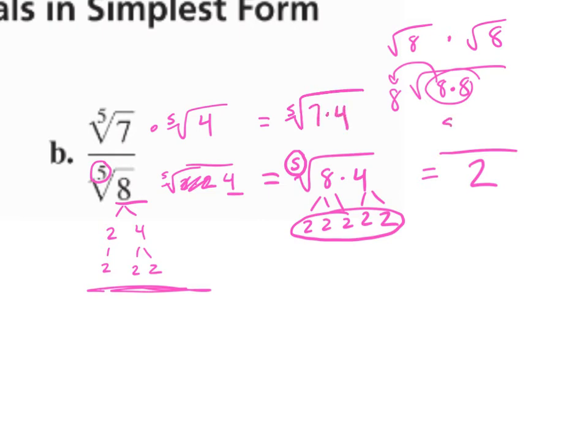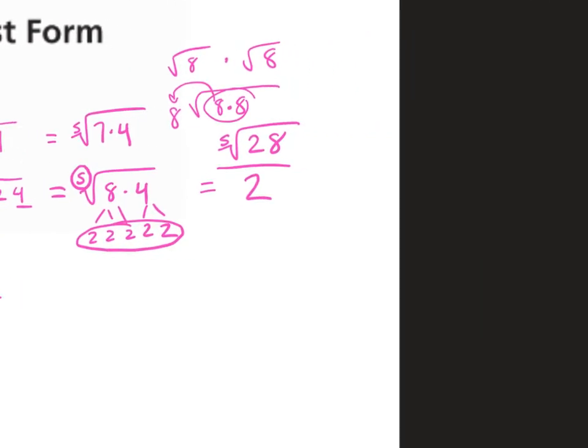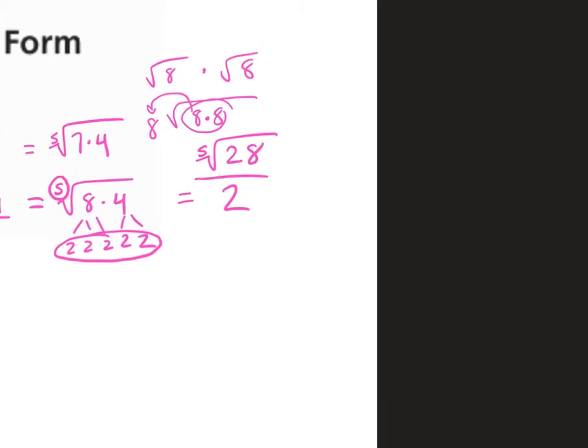What's 7 times 4? 28. Are we done yet? Maybe. Let's see if we can simplify the 5th root of 28.